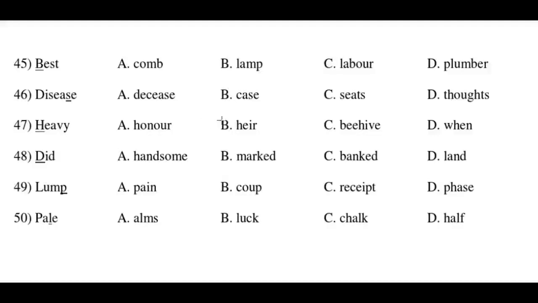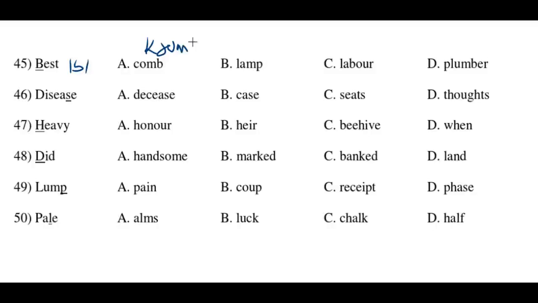Question 45. Best. The underlined consonant is b. And in best, we have b underlined. So we need to fish out which of these options contains the same consonant sound. We have comb, option A. In comb, the B is silent.